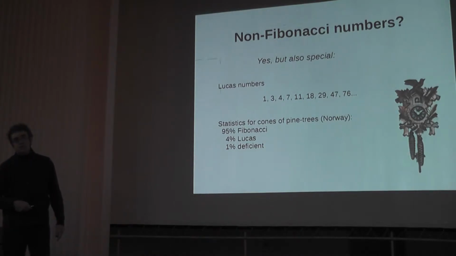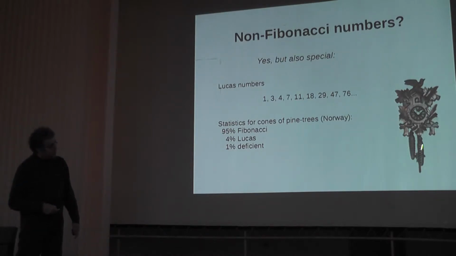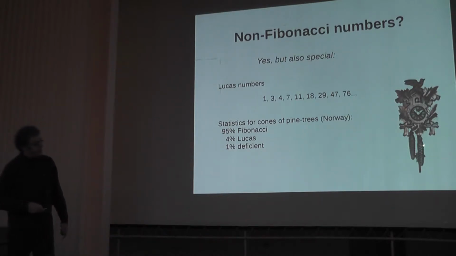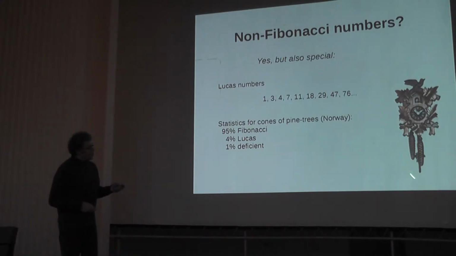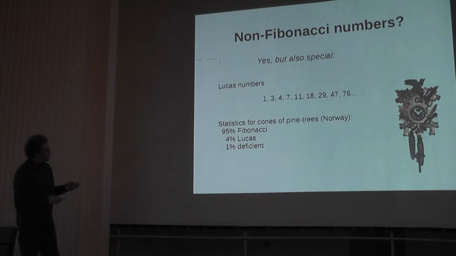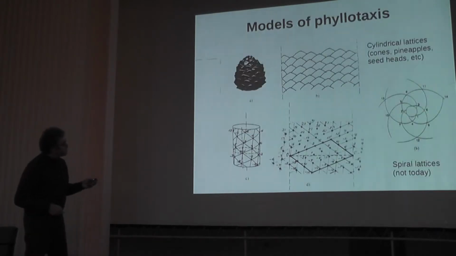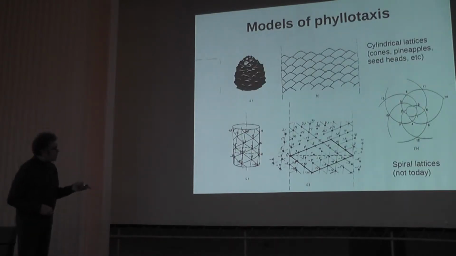They're not Fibonacci in the number of spirals, even though this looks very realistic. The clockmakers don't know that it has to be Fibonacci. So it's much easier to find an exception like that than if you count real pine cones. Okay.